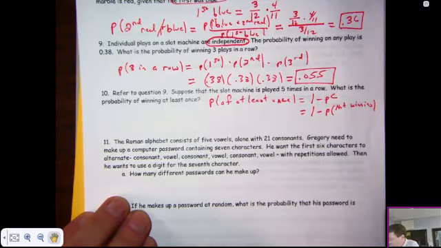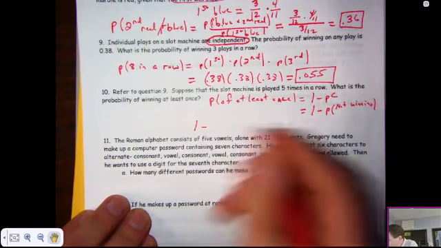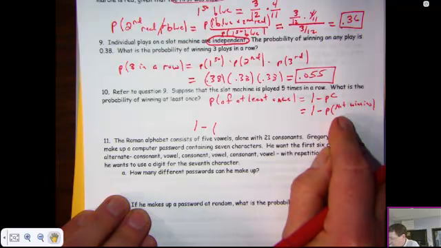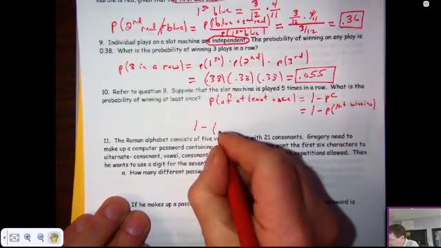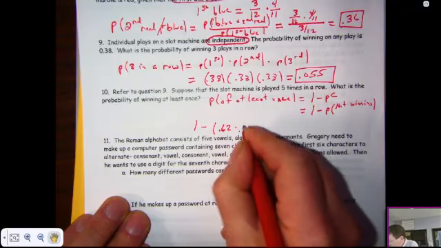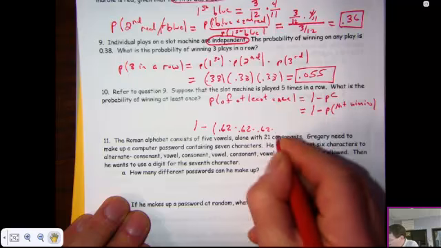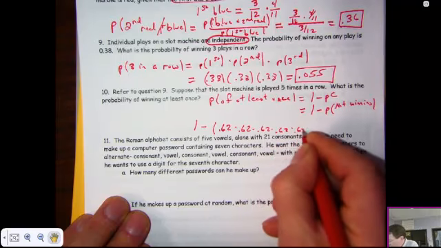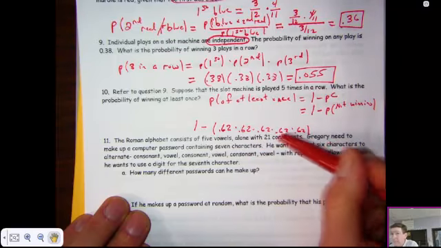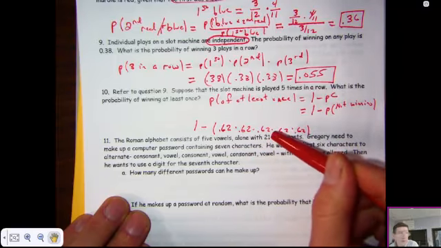So that means it's 1 minus... Now, what's my probability of not winning each time? 0.62, right? It's 1 minus 0.38. I'm doing it 5 times, so 0.62 times 0.62 and so on. How do I know I can just multiply them together? What kind of events are these?